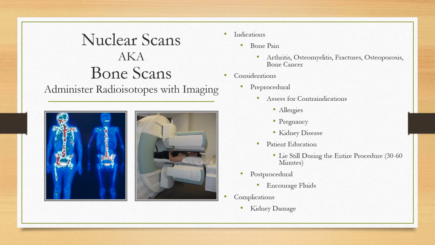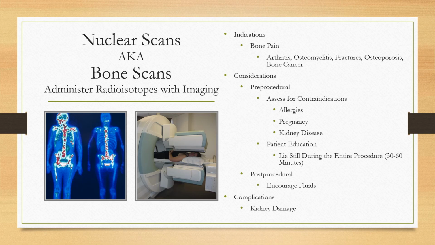Post-procedure, just drink lots of fluid. Remember, pre-procedure, empty the bladder so we can see the pelvic bones. What's a complication of this? Well, the kidney can take a bit of an injury, an intrinsic renal injury because of the radioisotope that's been injected.